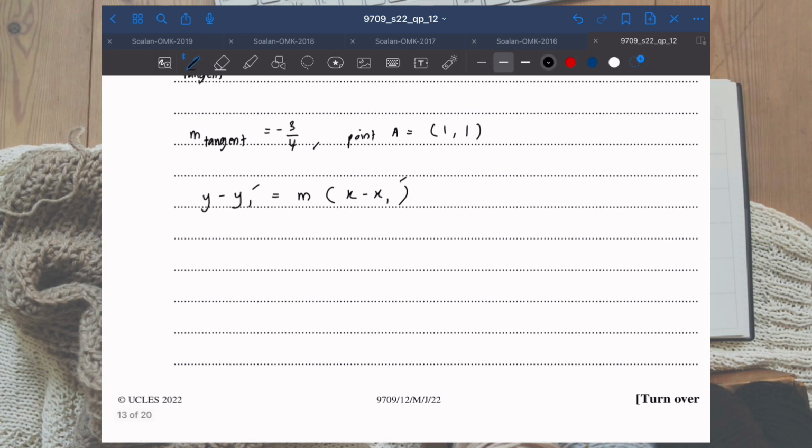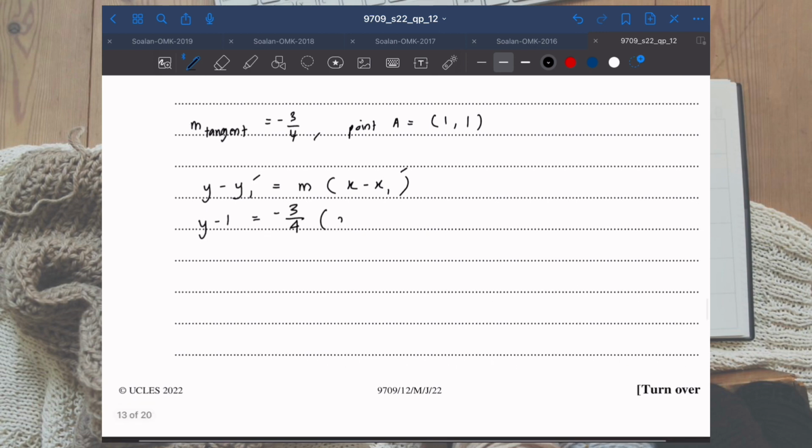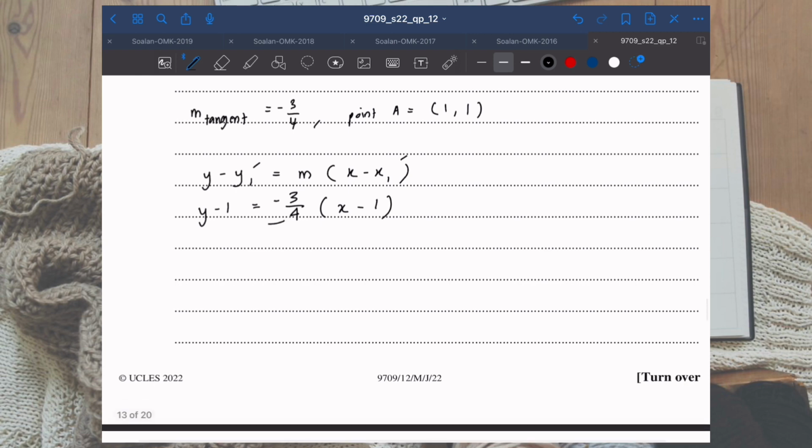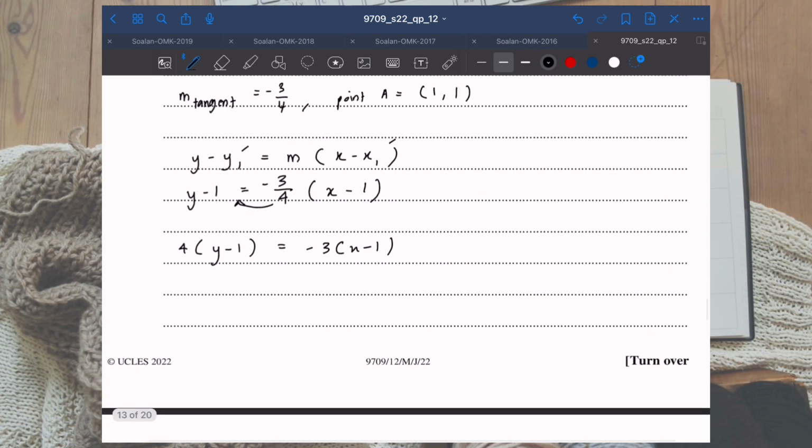So substituting, we get y - 1 = -3/4 times (x - 1). So moving this 4 here, we get 4 times (y - 1) = -3(x - 1). So 4y - 4 = -3x + 3.